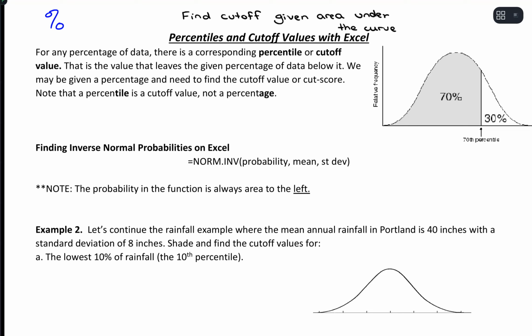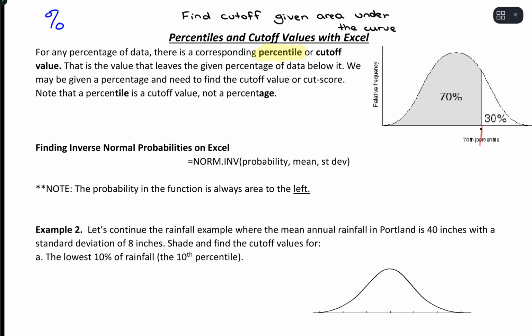So switching it around. A word that is definitely going to come up in this section is the word percentile. Percentile implies area to the left, always. So in this picture, where we have our bell-shaped curve, there's this cutoff showing 70% to the left, 30% to the right.